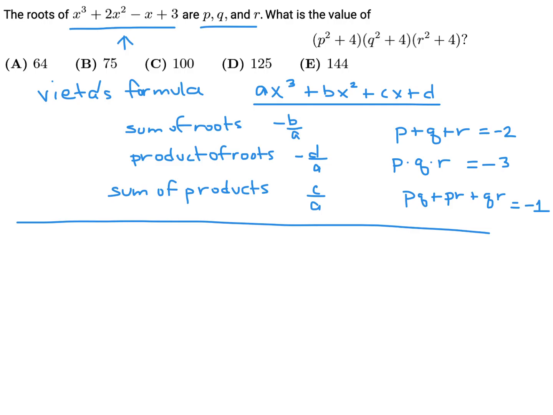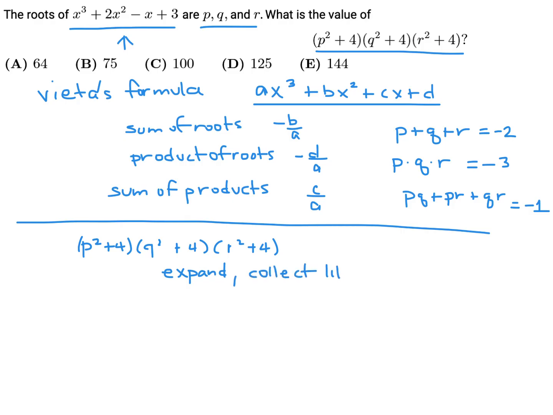Okay, so now we turn our attention to this guy, and we'll expand it all out. So we have p squared plus 4 times q squared plus 4, and then r squared plus 4. So expand it all out and collect like terms. And when you do, you will get the following.